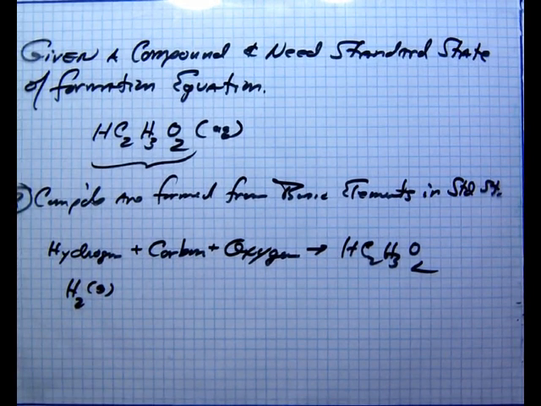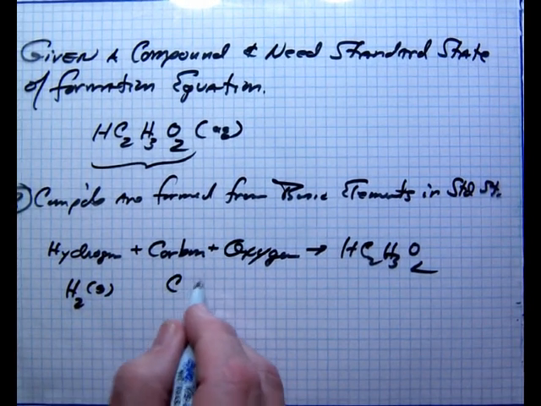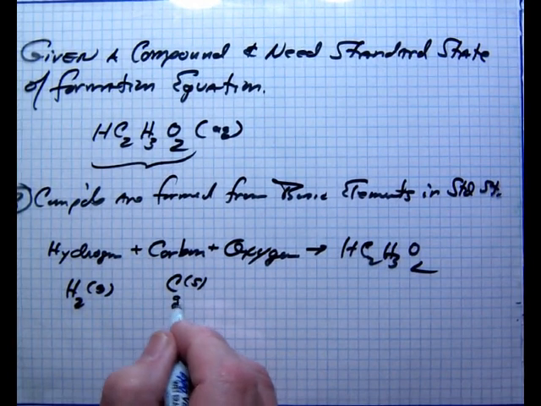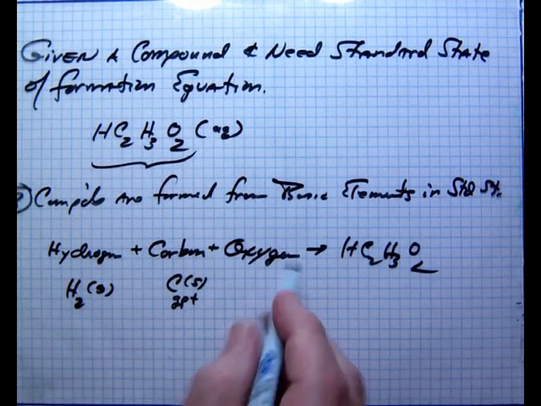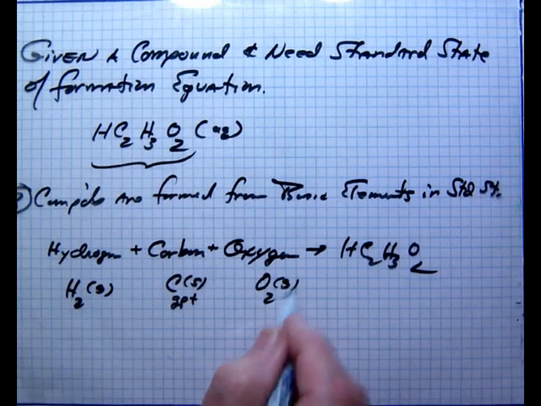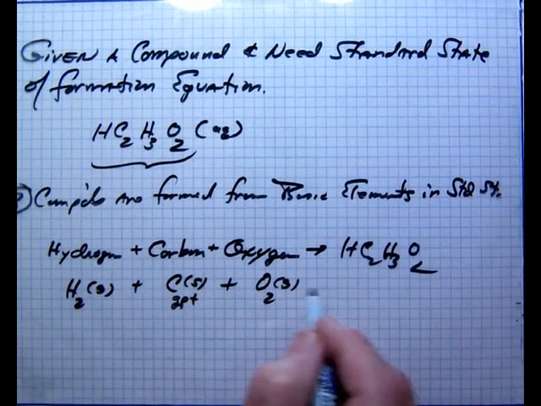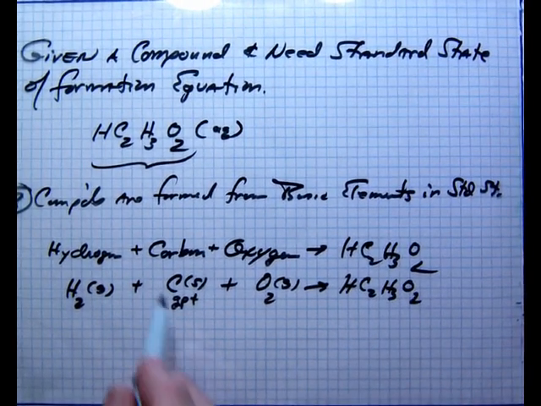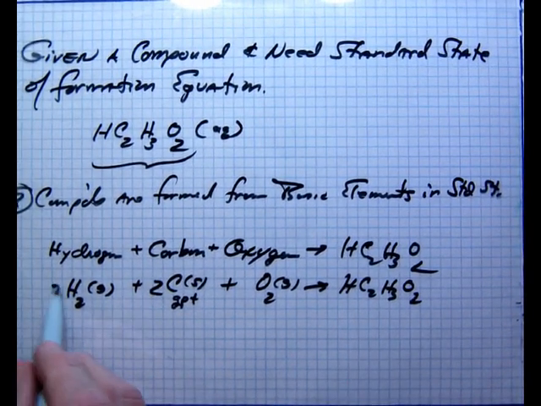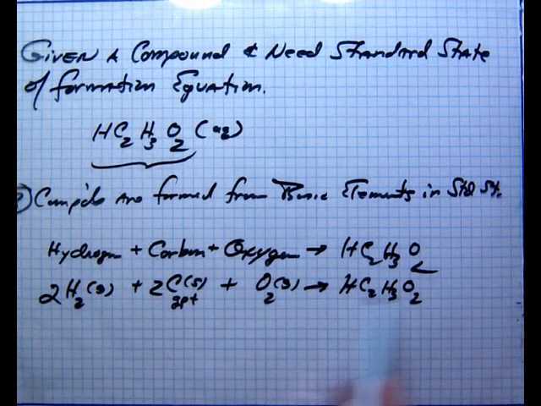We just saw that. Carbon, we look it up, it's a solid and it's graphite. You can look it up in any text. And oxygen's O2 gas. So this goes to HC2H3O2. So we have 2 carbons and 4 hydrogens and the 2 oxygens. That's a formation of a compound from basic elements in standard state.